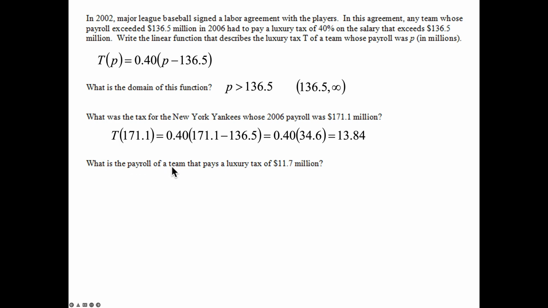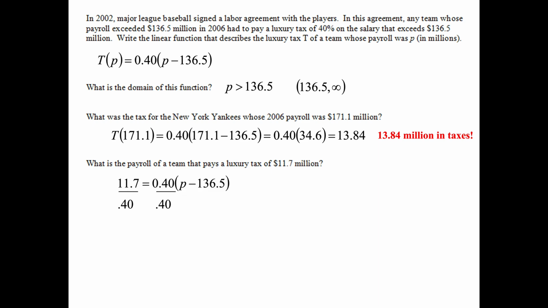Okay, what is the payroll of a team that pays a luxury tax of 11.7 million? Okay, so now we know what the tax is. We have to figure out what the payroll is. So we're going to work this backwards. So set the function equal to 11.7 and solve for P. Well, don't distribute the 0.40. I say divide it into the 11.7 first.